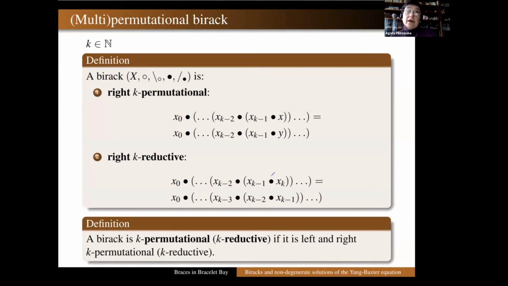In the case of an arbitrary Birack, the difference is only in the different operations of multiplication. We take the right version of these equations. And we will say that a Birack is k-permutational or k-reductive if it is left and right k-permutational or k-reductive respectively.